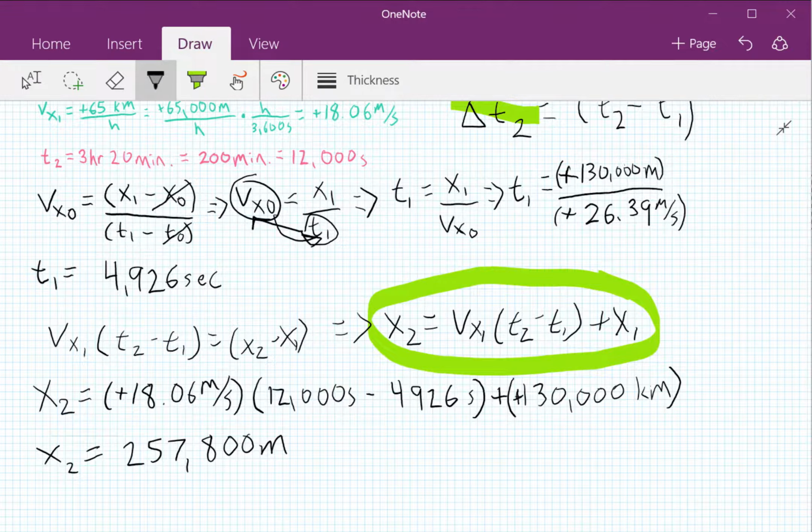Okay, I'm sorry, I jumped ahead. That's not what you get from that equation. That's actually the 127,000. Sorry about that. So 127,800 meters. I'm gonna double check that real quick.